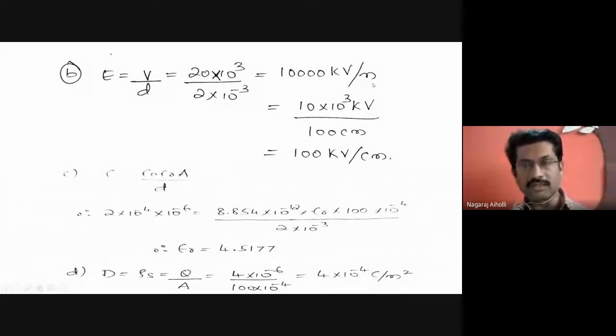Instead of 1 meter, just substitute 100 centimeter. So if you simplify that, you will get 100 kilovolts per centimeter. Actually, they have asked in terms of kilovolts per meter. Suppose if they ask kilovolts per centimeter also, you should be in a position to write the answer in terms of kilovolt per centimeter. Okay. This is the second part of the problem, that is potential gradient.